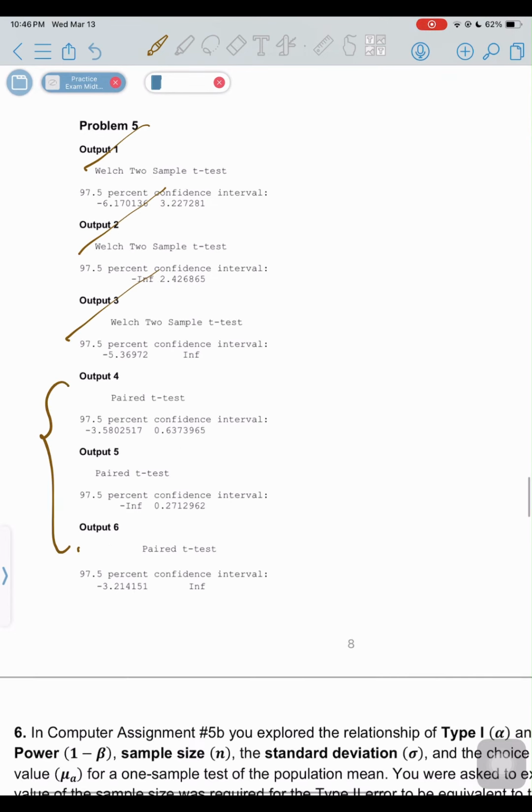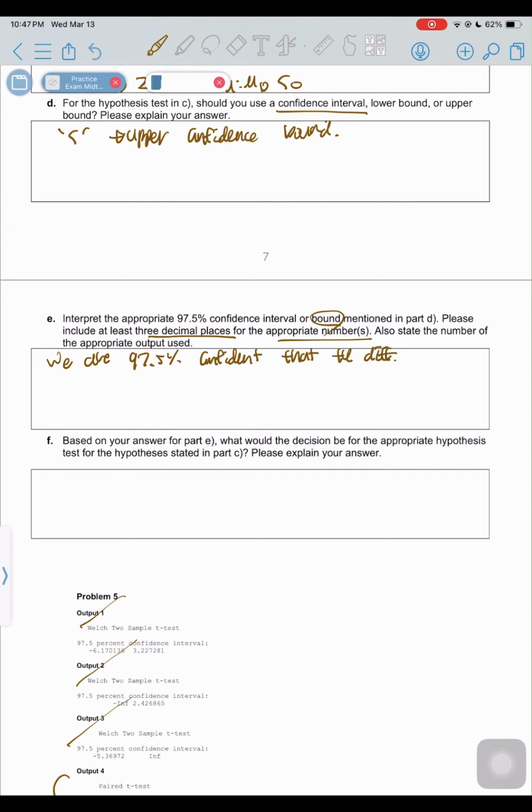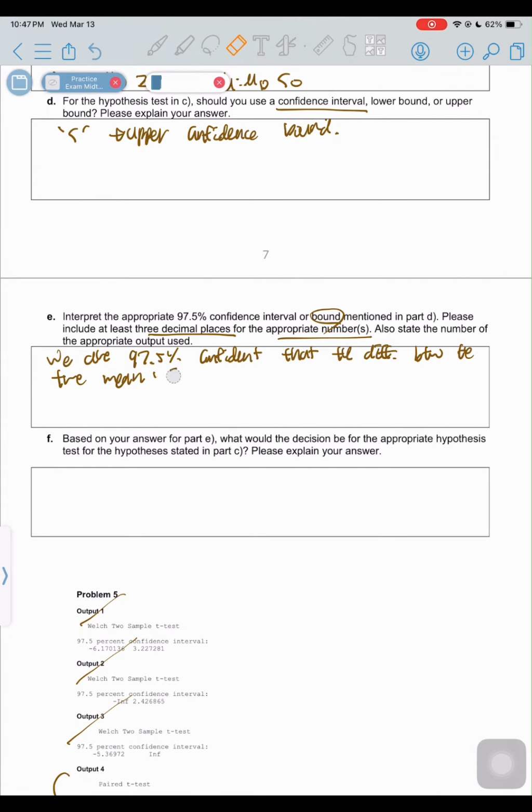Now we can write down our interpretation. We are 97.5% confident that the difference between the true mean of the algorithmic modification and standard algorithm, n minus s, is less than, what is it?